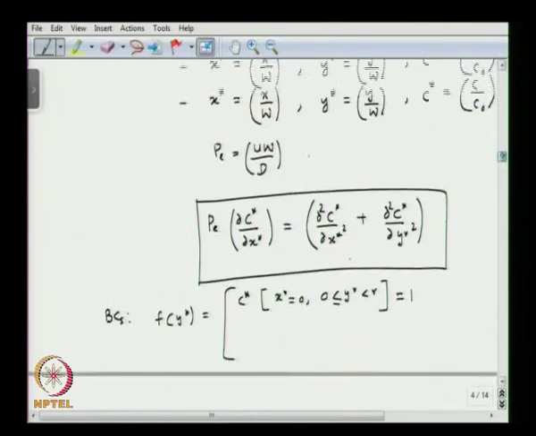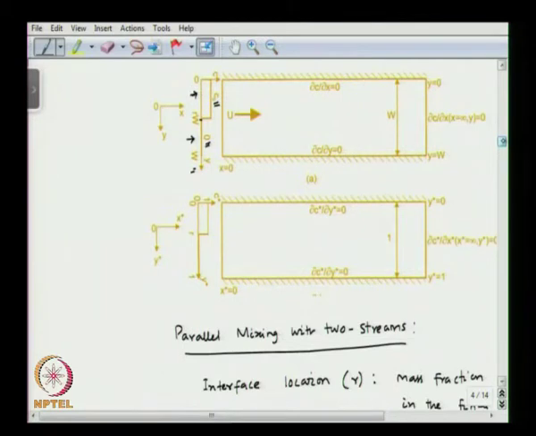So that is what we see here. This is the non dimensional representation of the original geometry. So the interface is going to be at r, okay.